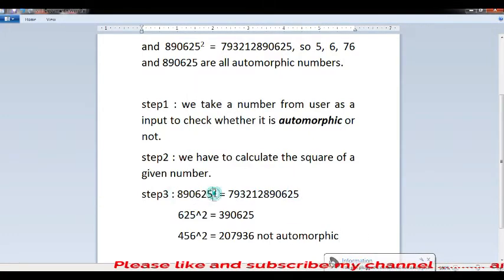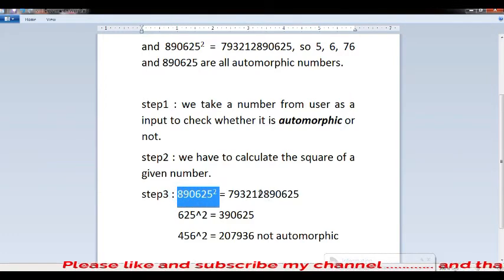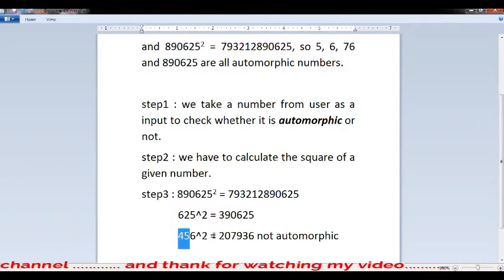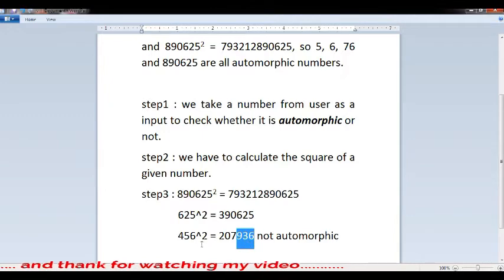Here we take a 6-digit number, so we have to check the last 6 digits of the square of the number. If both are found equal, then we conclude it is an automorphic number, or else it is not. Here 456 squared is this, so we check only the last 3 digits. If they were equal to 456, then this number would also be automorphic, but in this condition they are not equal, so we conclude that 456 is not an automorphic number.